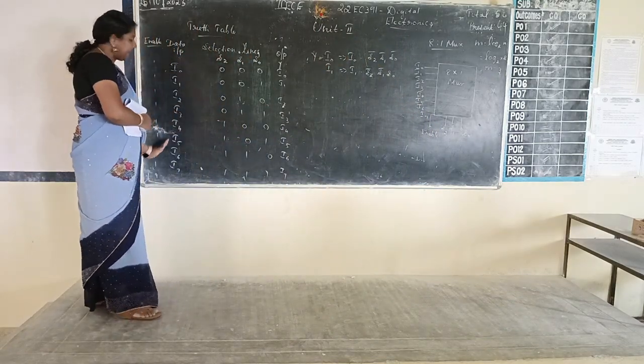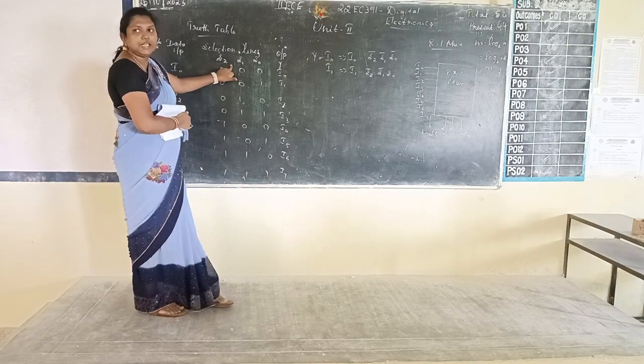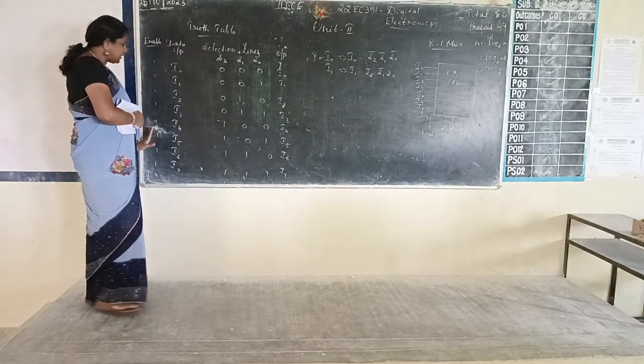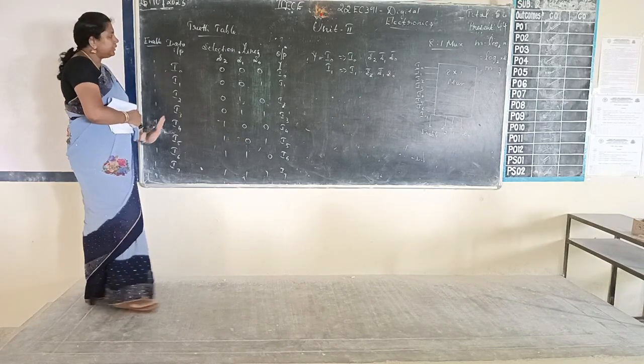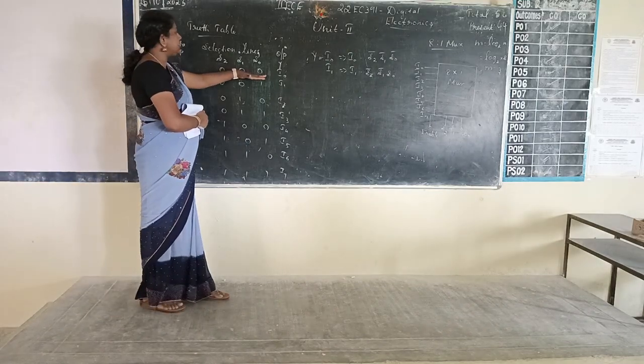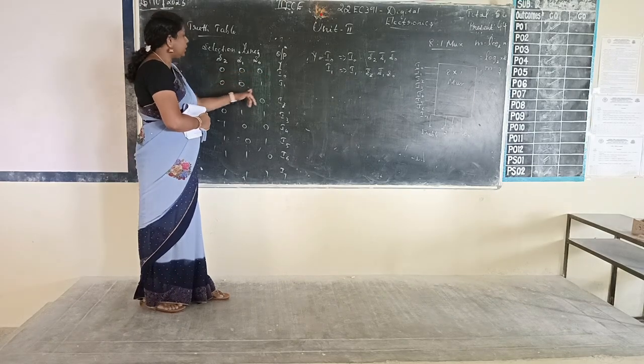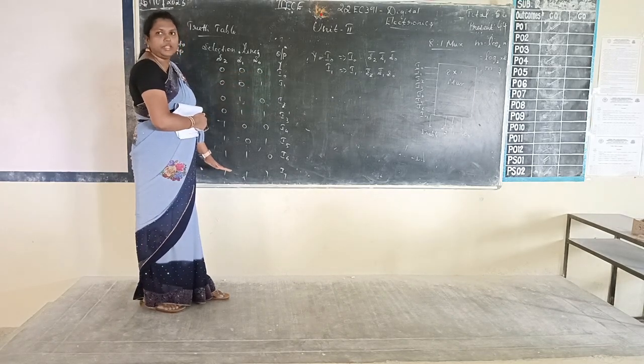We have 8 inputs and 3 selection lines, S0, S1 and S2. When enable is 1, the circuit operates. Then what are the possible combinations for S0, S1 and S2? 0, 0, 0, 0, 0, 1. These are all the possible combinations.